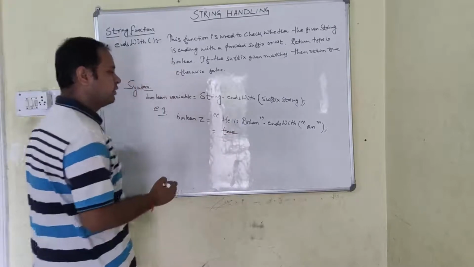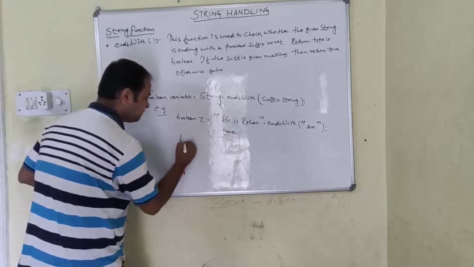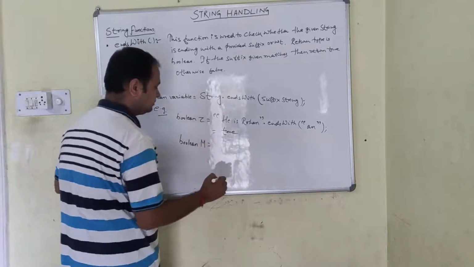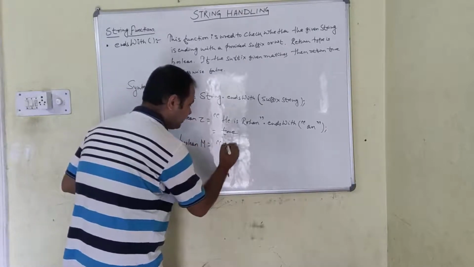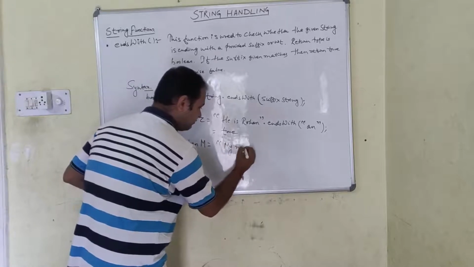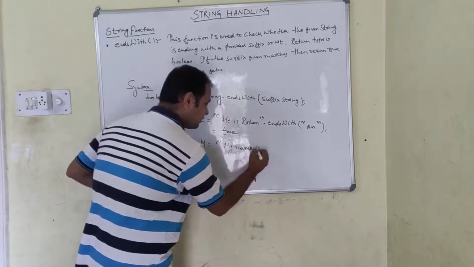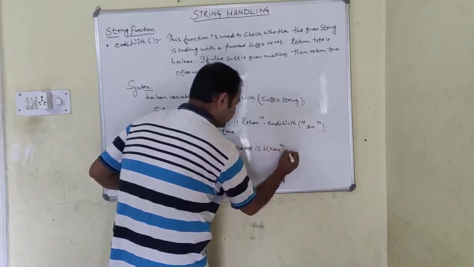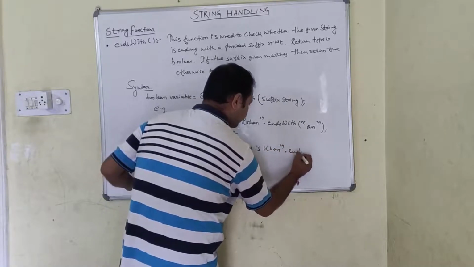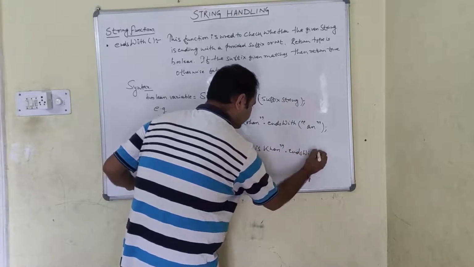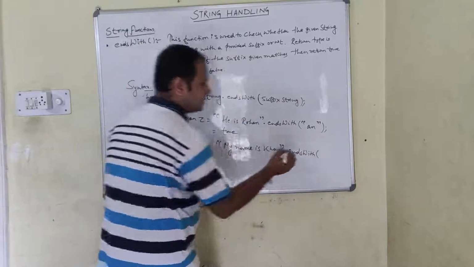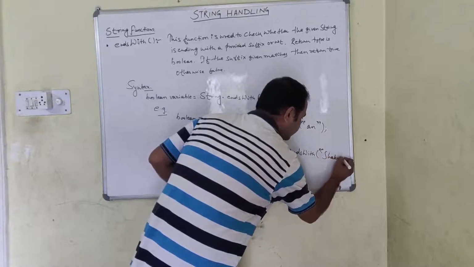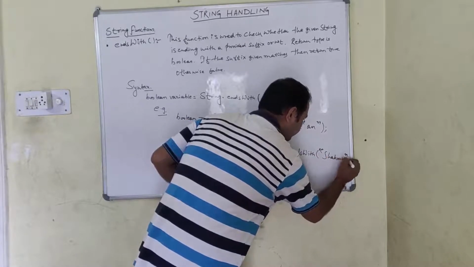Okay, another example, boolean m equals to "My name is Khan" dot endsWith, okay, "Shahrukh".